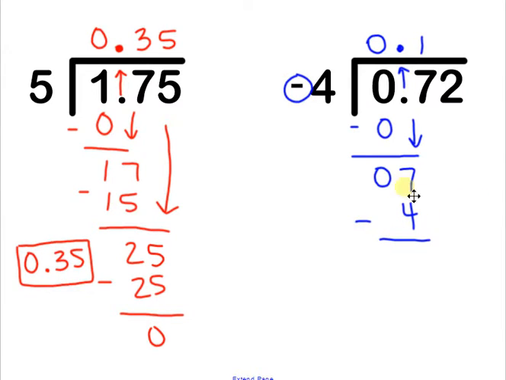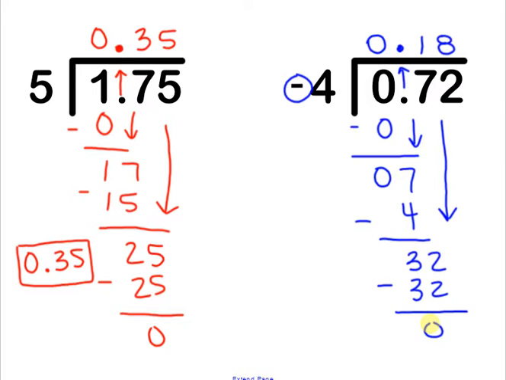Subtract. 7 minus 4 is 3. I'm going to bring down the 2. 4 goes into 32 8 times. 8 times 4 is 32. Subtract. 32 minus 32 is 0. Nothing else to bring down. Now I have a positive divided by a negative, and so my answer is negative 0.18.